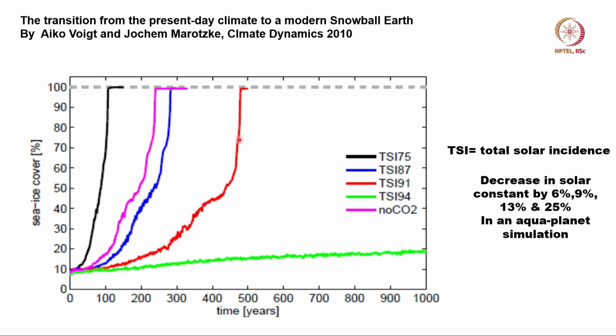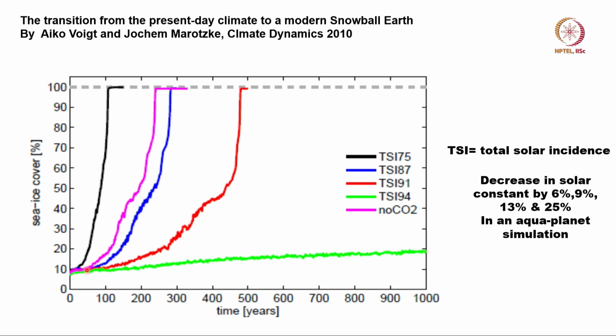And in between there are other cases, 9%, 13%, and no CO2. In this case, you keep the solar radiation constant, but suddenly remove CO2.